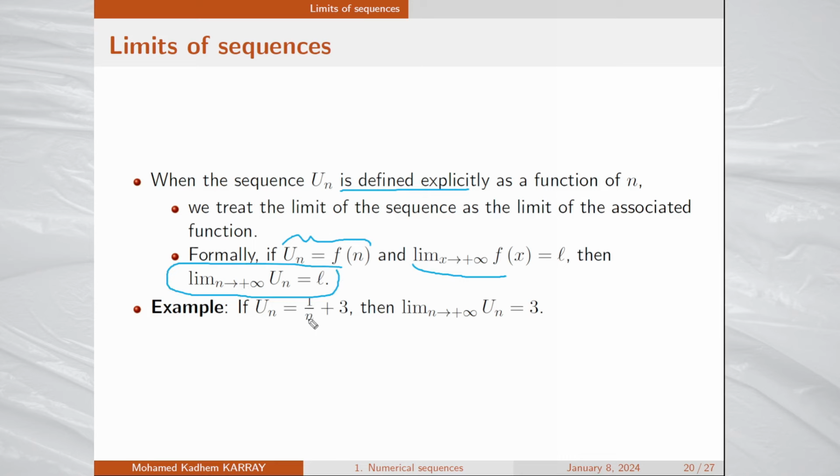If un is given by this expression, then the limit as n goes to infinity of un equals 3, since this term here, 1 divided by n, or 1 divided by x, goes to 0 as x goes to infinity.